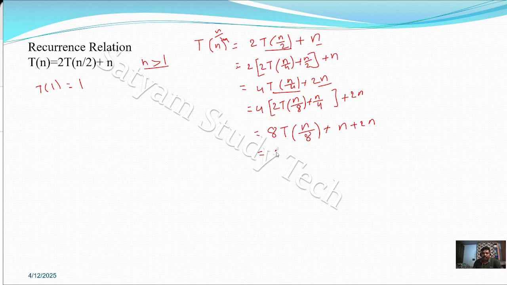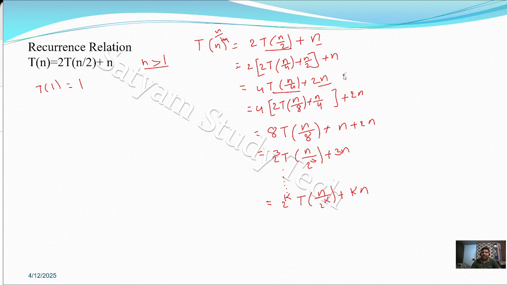So you can write 2 cube T(n/2 power 3) plus 3n. So you can call the same function k times: 2 power k T(n/2 power k) plus kn.